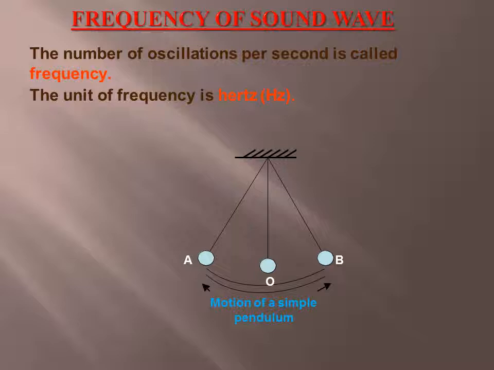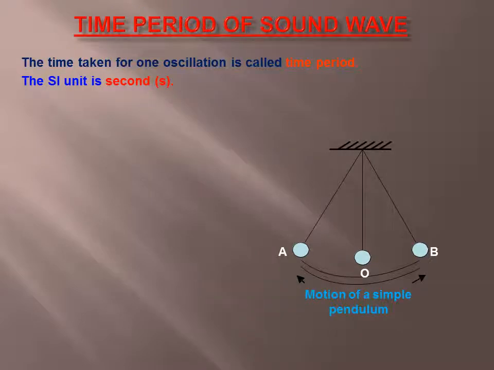Whatever the frequency is, or the sound made by different things, they have certain units, and that is called hertz, like 20 hertz, 60 hertz or 1000 hertz. Let's move to the next topic, the time period of a sound wave. The time taken for one complete oscillation is called the time period.